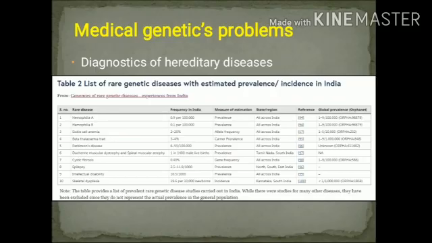A culturally heterogeneous population, India is also a melting pot of genetic diversity. The population architecture is characterized by multiple endogamous groups with specific marriage patterns, including the widely prevalent practice of consanguinity.